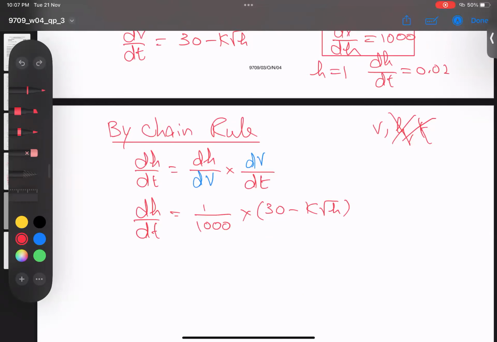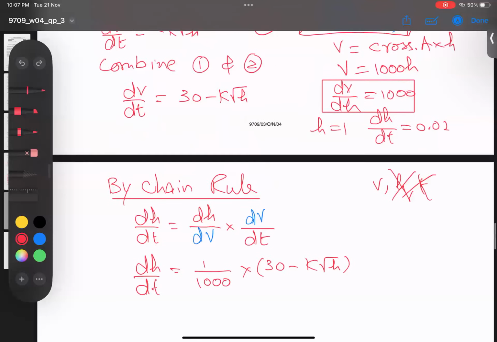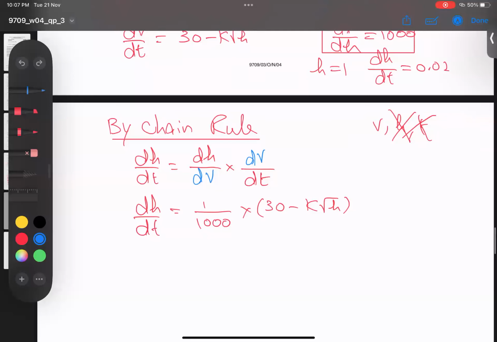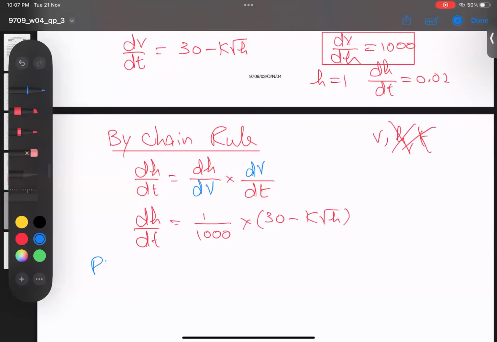Before I do that, I can do one thing. dh by dt is 0.02, I can plug in here. h is 1, I can plug in here. In this way I will get rid of k. So let's start. I am putting here dh by dt equals 0.02 and h equals 1.